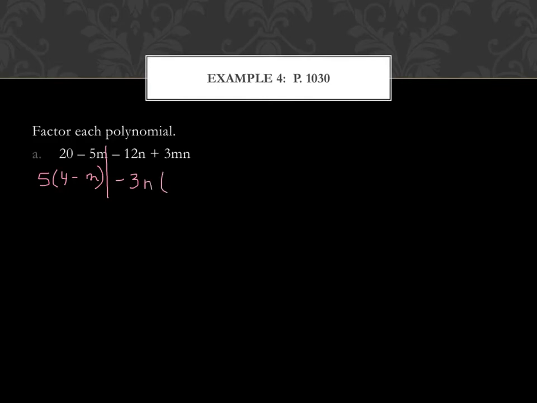And that leaves me with 4 minus m. So they both have a 4 minus m in common. And my second factor would be 5 minus 3n.